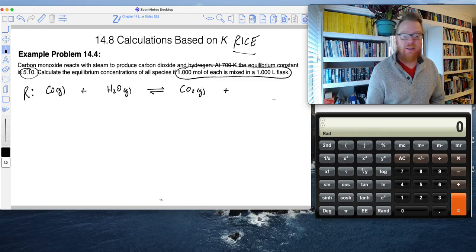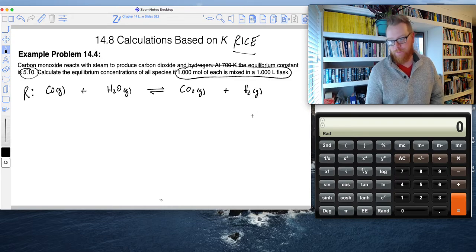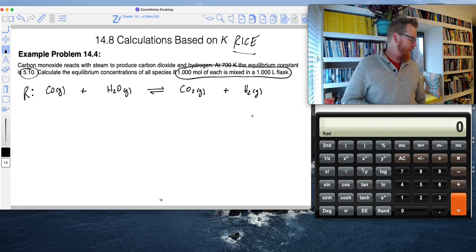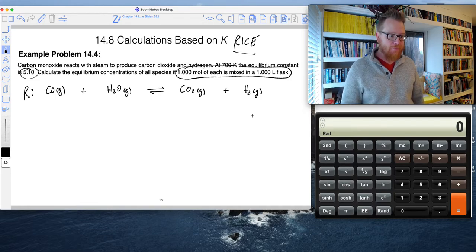Specifically, this has to be H2, not H plus, since this is a gas phase reaction. Okay, great. So now we've got this little table going.